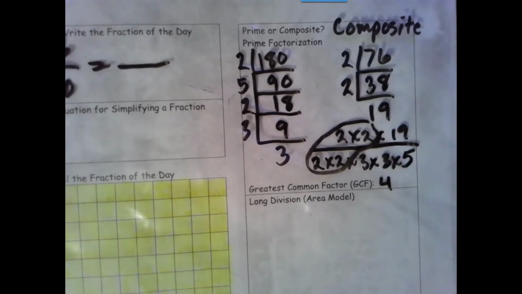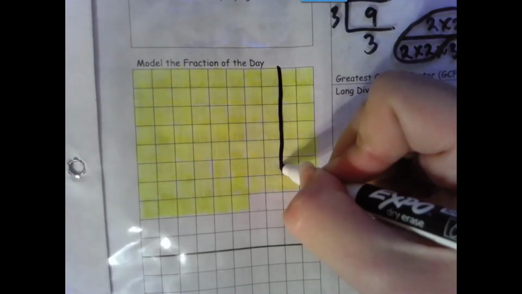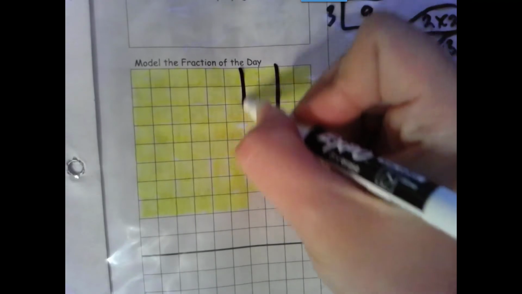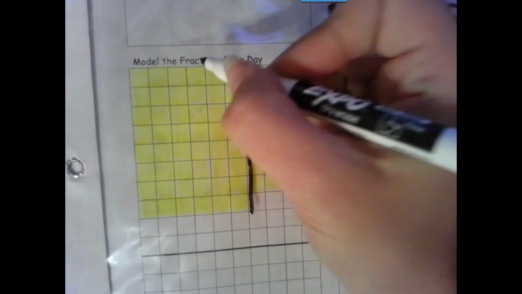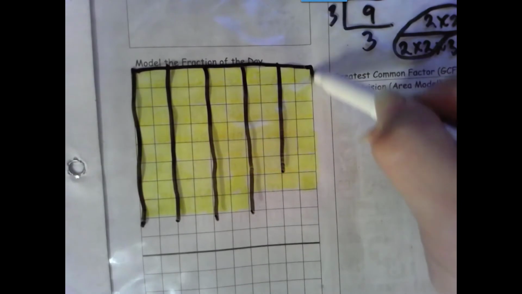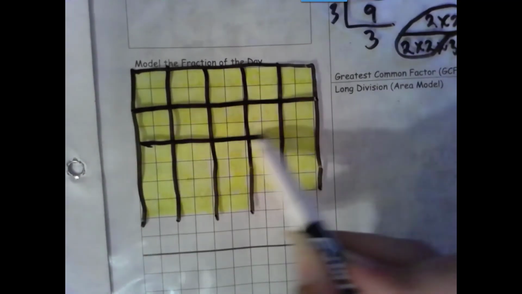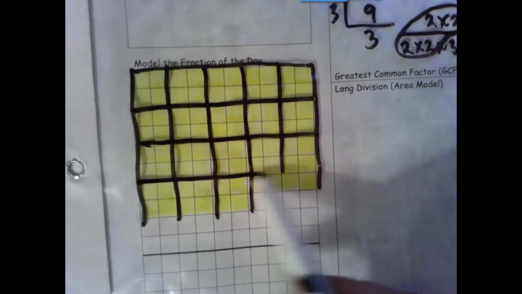Okay, so let's go ahead and make our groups of 4. I'm going to use my perfect squares here. Do make sure that you keep your shaded separated from your unshaded. You do not have to do perfect squares. You can make your groups of 4 in any way you want.